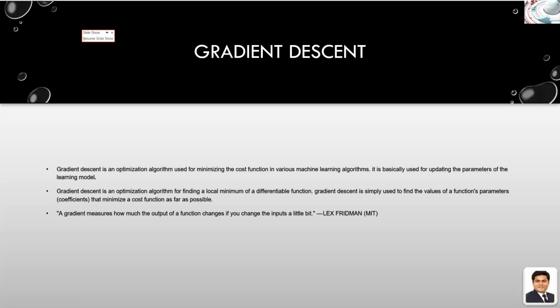Then we will look at the formulas, what mathematical formulas we are going to use. Then an example in machine learning, how it is used. Then we're going to discuss different types of gradient descent, and then a few hands-on exercises. So this is the planning for the upcoming 4 to 5 sessions.